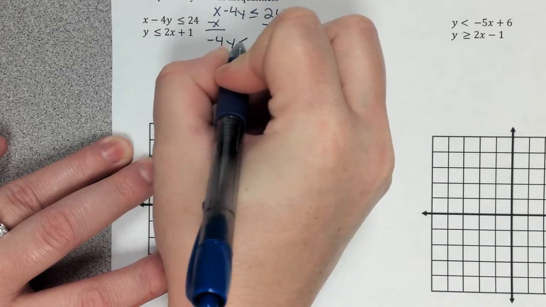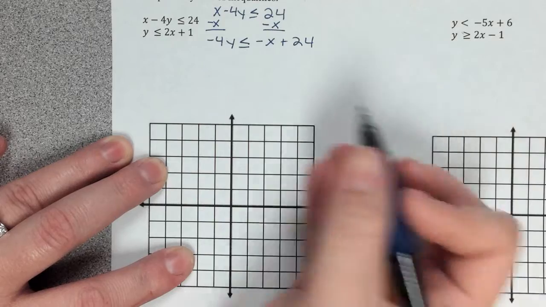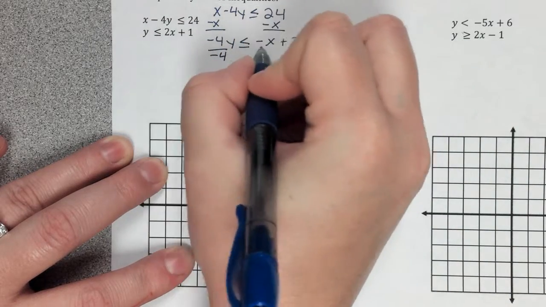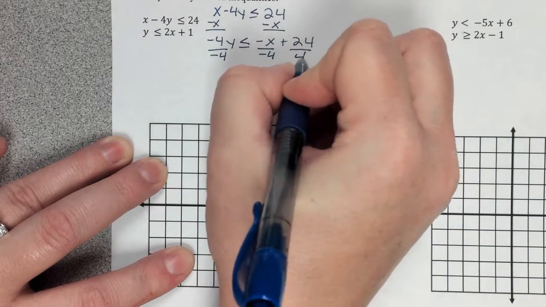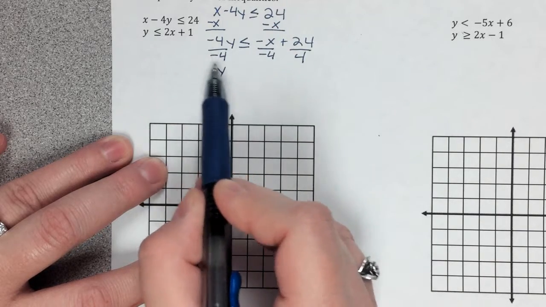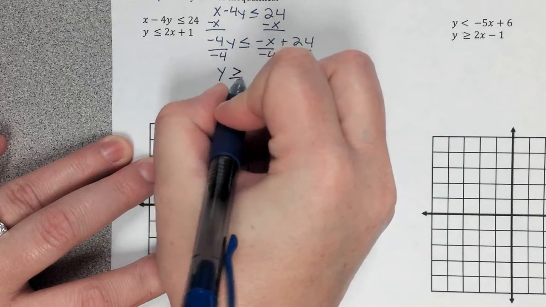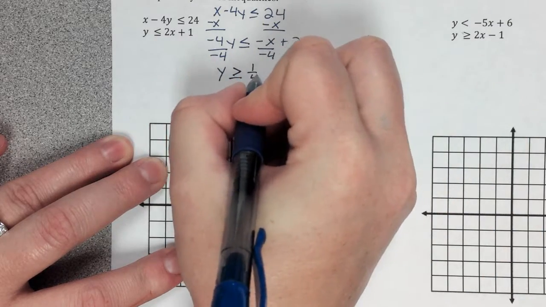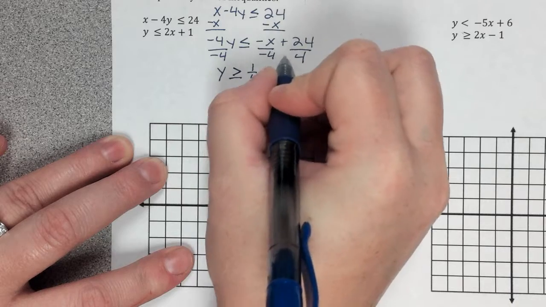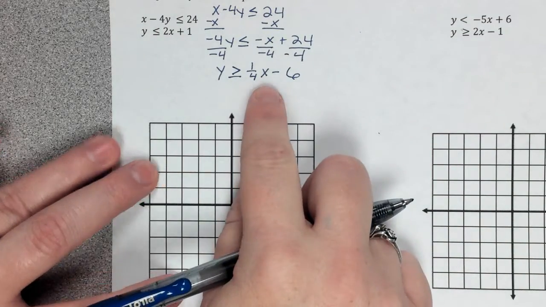Negative 4y is less than or equal to negative x plus 24. And then I'm going to divide by negative 4. So I have y. Now, warning bell should be going off. Because I'm dividing by a negative, I have to flip my sign. y is greater than or equal to 1/4 x minus 6. And now I can graph this.